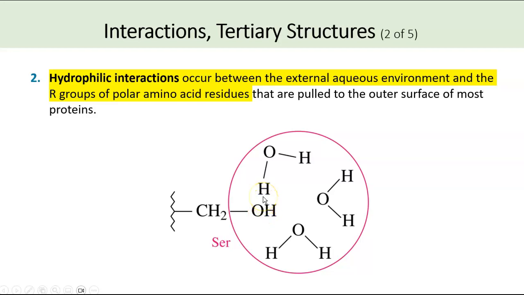Simply, those are hydrogen bonds. Both oxygen and hydrogen can make hydrogen bonds with water molecules. So these types of amino acids will always like to be exposed to the outside aqueous environment because they like to dissolve in water. These types of amino acids will be pulled to the outer surface of most proteins. So those are hydrophilic interactions.